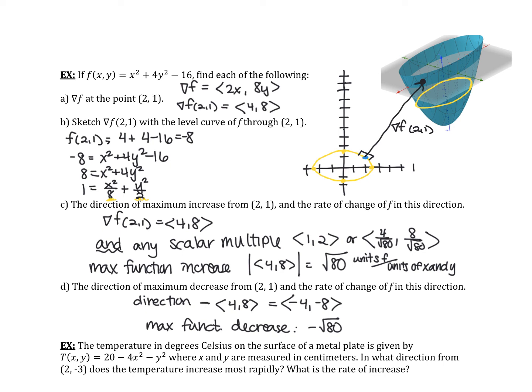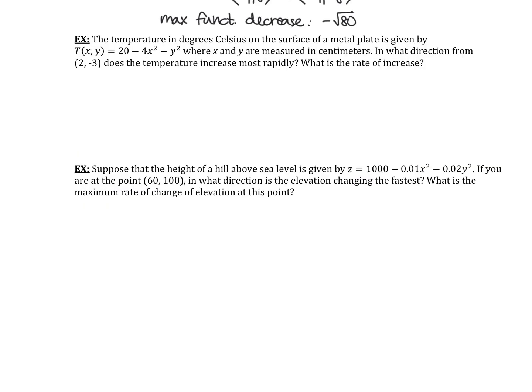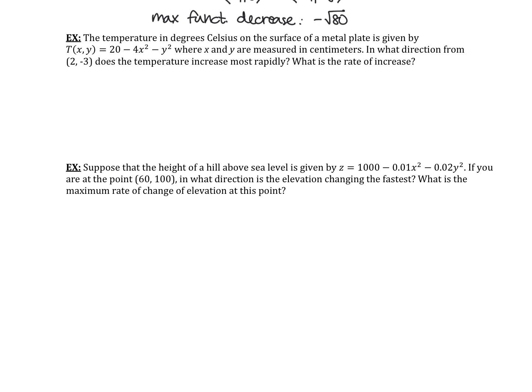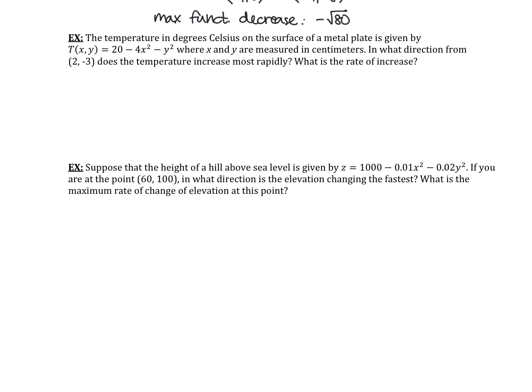So hit pause and see if you can work with the next example, the one dealing with temperature in Celsius. All right, hopefully you had a chance to try this, and hopefully the first thing that you did was find your gradient. So let's find the gradient of T. In general terms, the derivative with respect to x would be negative 8x. Derivative with respect to y is negative 2y.